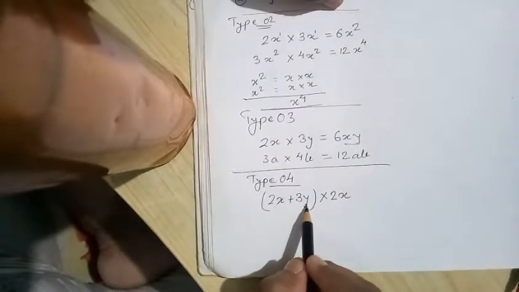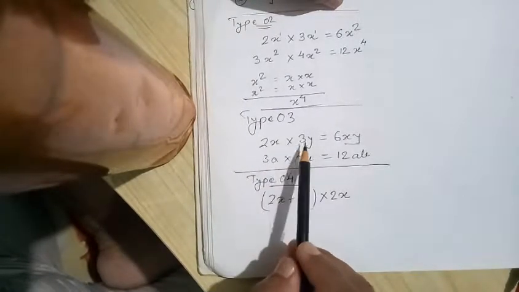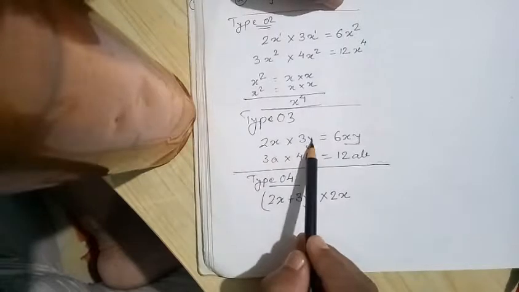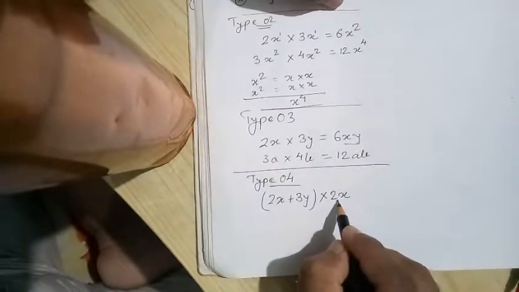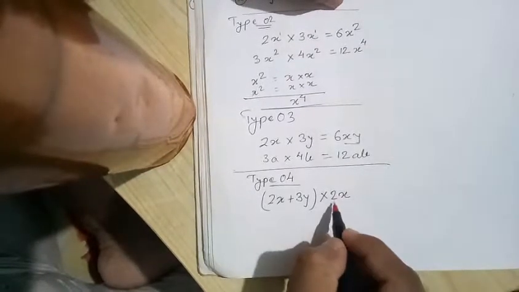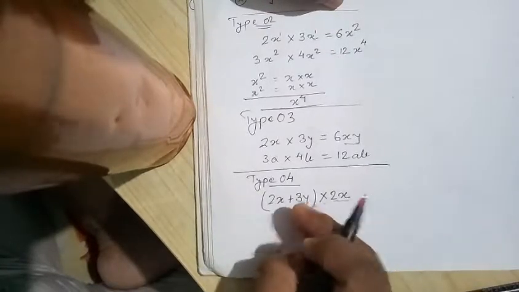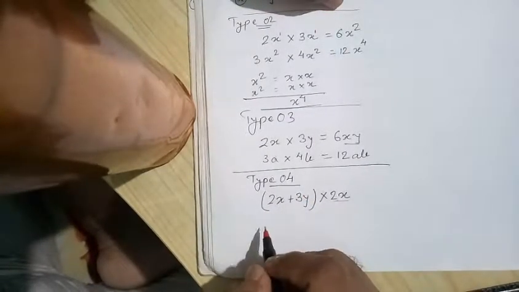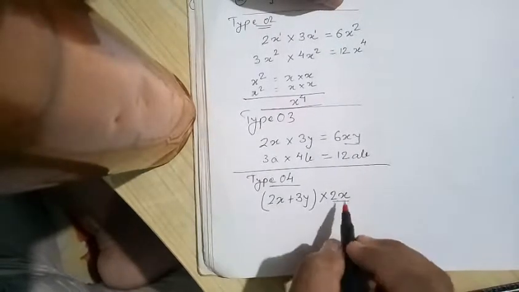As you can see, earlier we had just one term to multiply with another. Here we have two terms, a binomial, multiplied with this. So what will happen? Very simple. Since it is a bracket, consider this one as a home. These two kids are there, and the parent, mother or father, whatever you can consider.